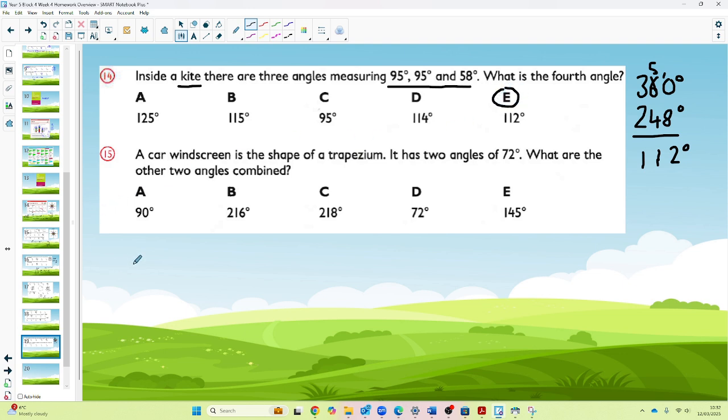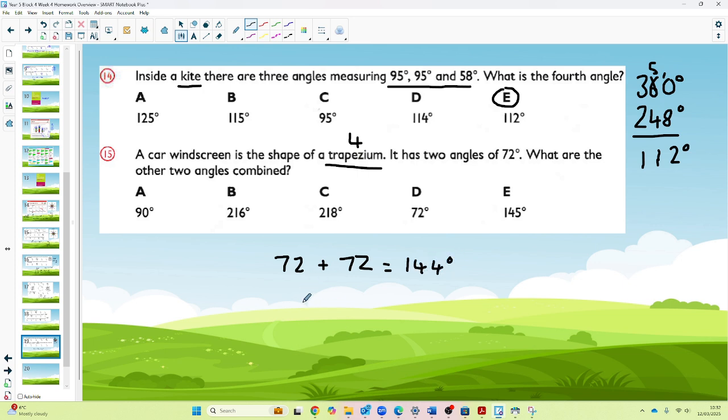And the last final question in this section is, a car windscreen is the shape of a trapezium. So again, a 4-sided shape. It has 2 angles of 72 degrees. What are the other 2 angles combined? So the 2 angles of 72, if we do 72 plus 72, that's going to give us 144 degrees.